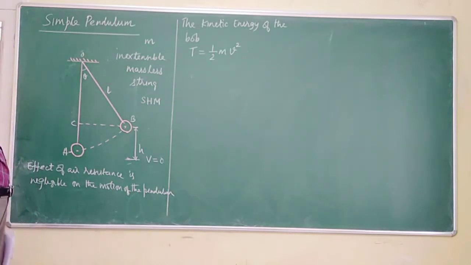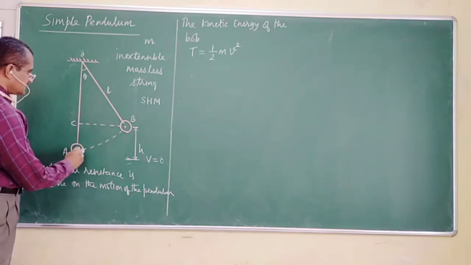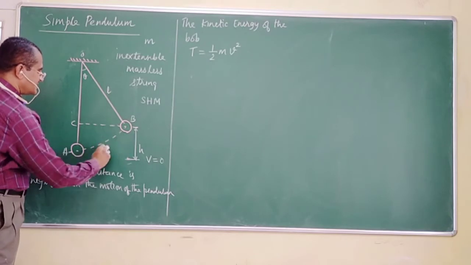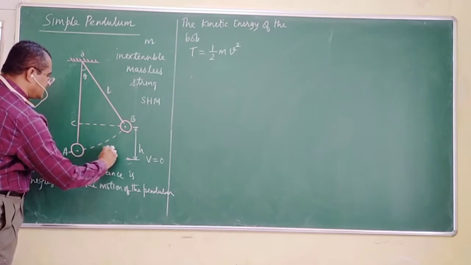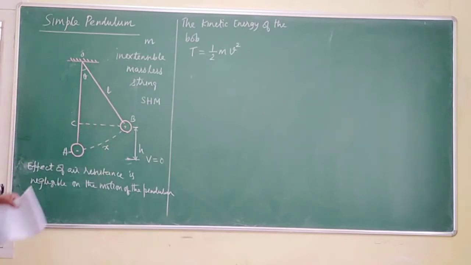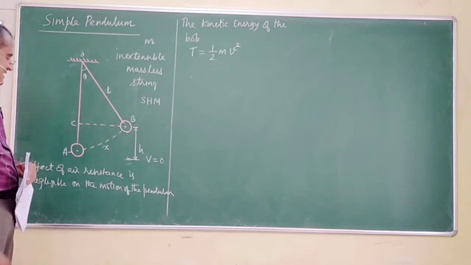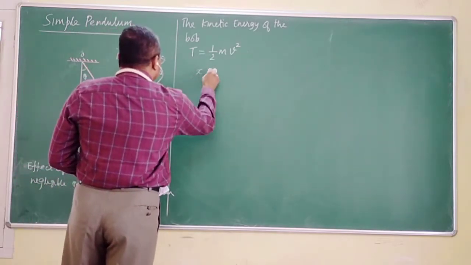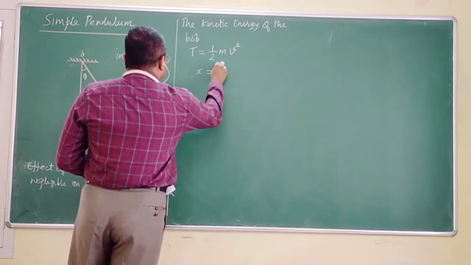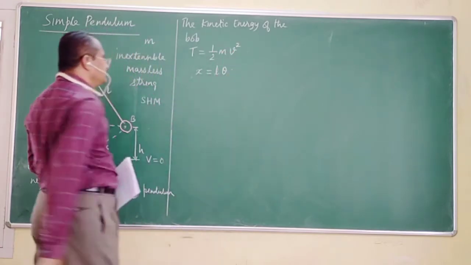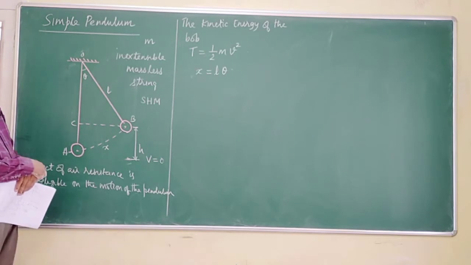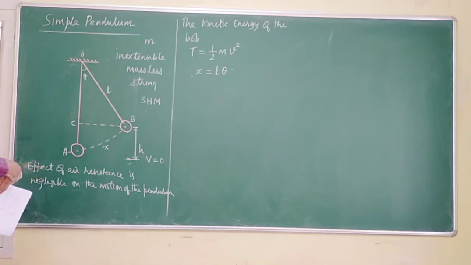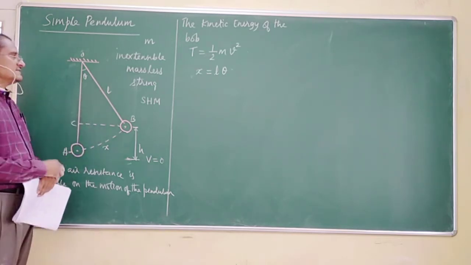Now where is the v? Let us say this displacement, which is the amplitude, I will take as x. From this diagram, x is equal to L into theta. X is L times theta.